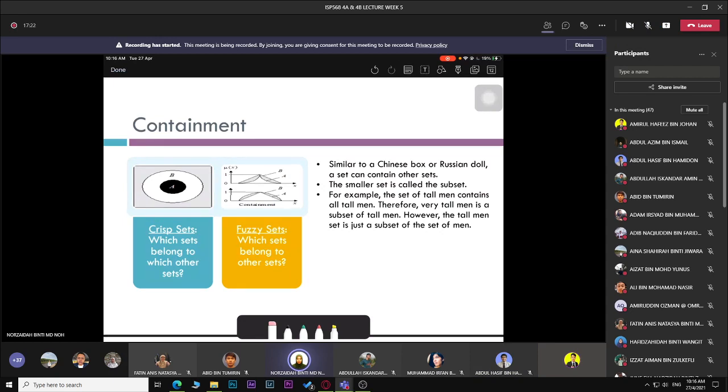So a subset is the set that is smaller and contained inside the superset.